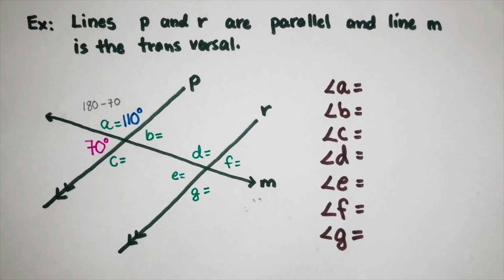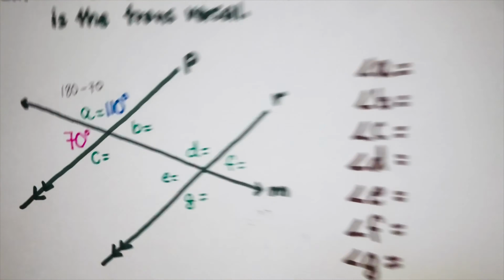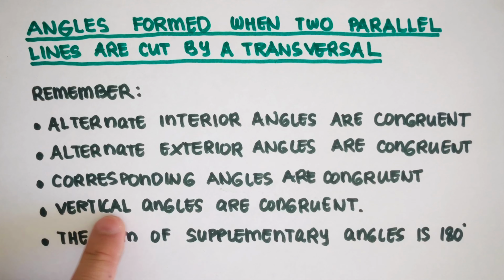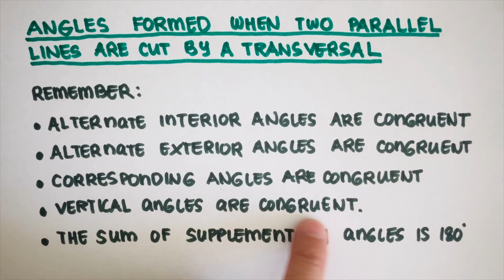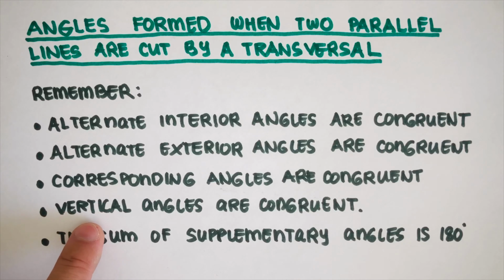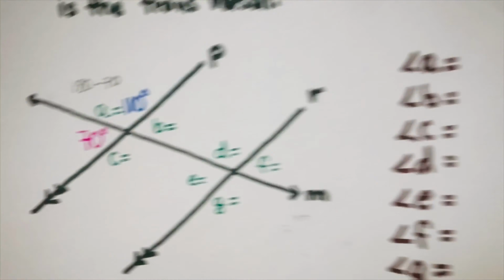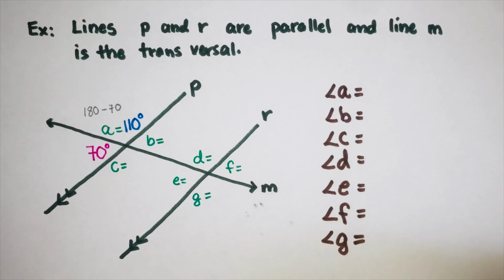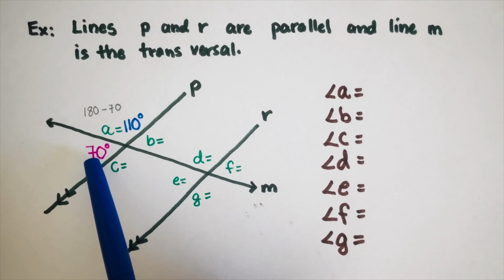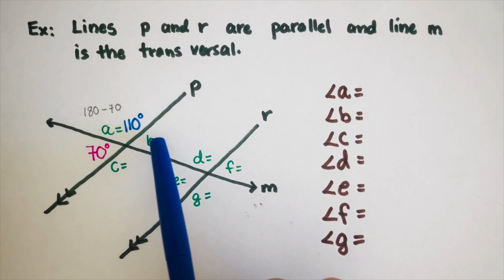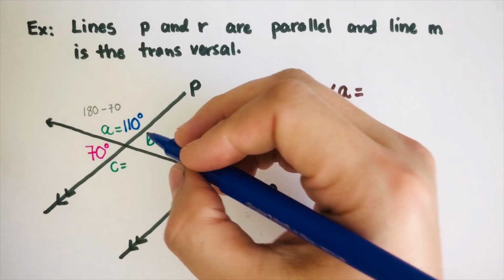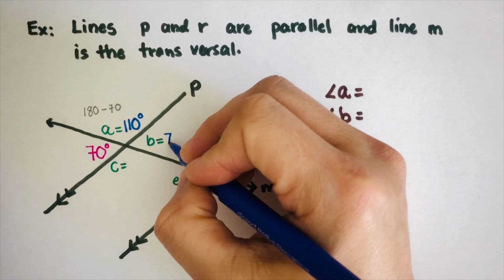Now, there is another theorem that was introduced in the previous slide that we have over here. Vertical angles are congruent. Vertical angles are the angles that are across from each other. So if I have 70 here, this is also 70 across because they are vertical.